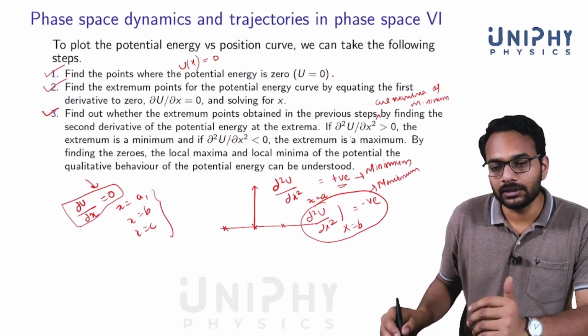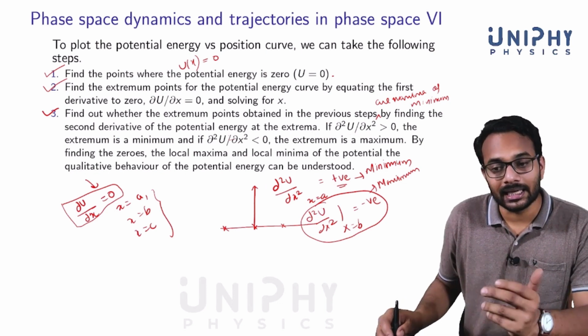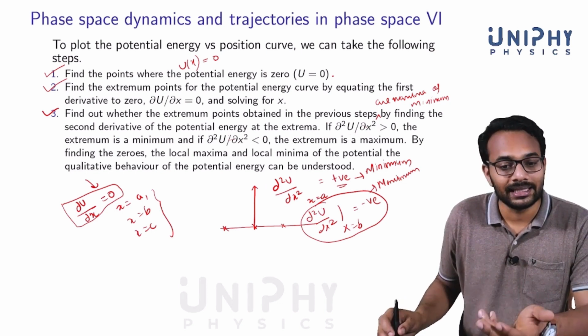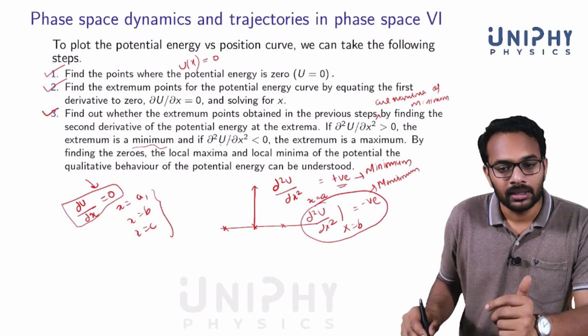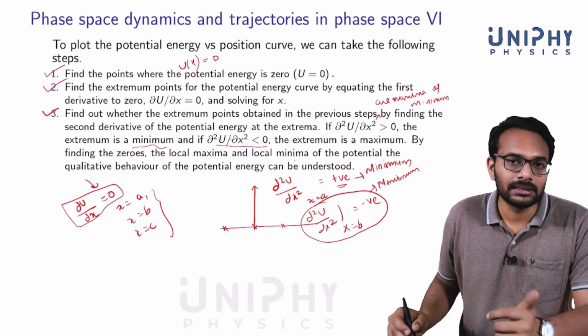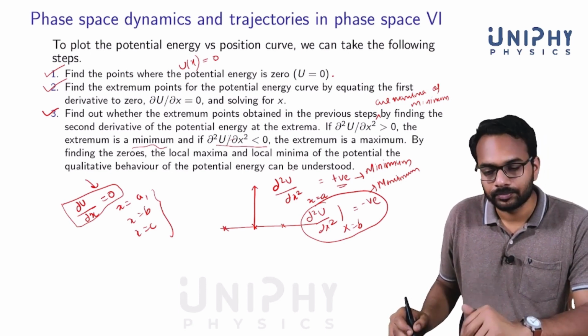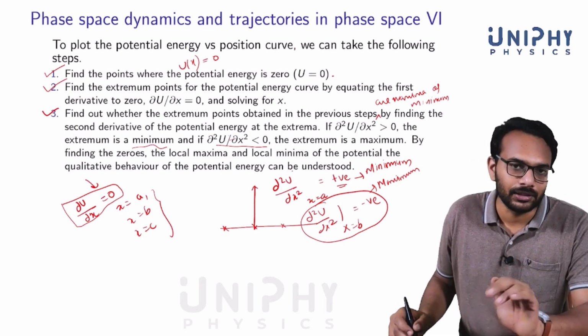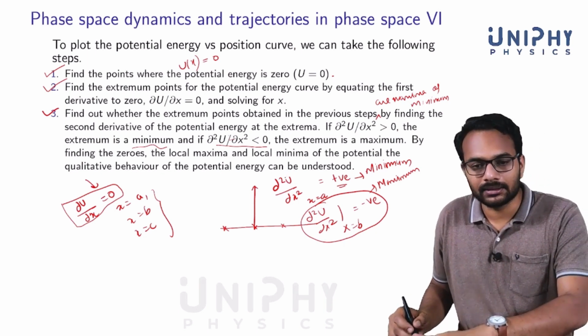If ∂²E/∂x² at these points is greater than 0, then the extremum is a minimum, and if it's less than 0, the extremum is a maximum. I hope this is clear. We'll look into some examples so you know what I mean by these things.